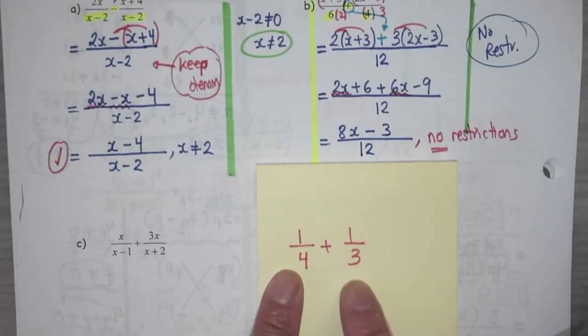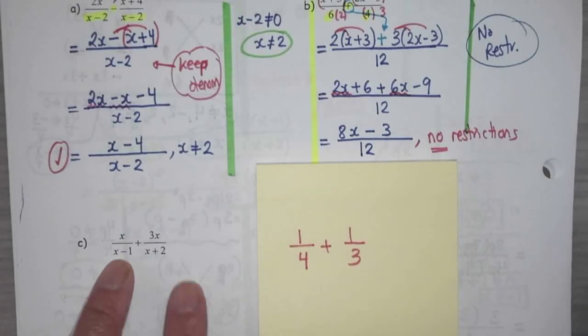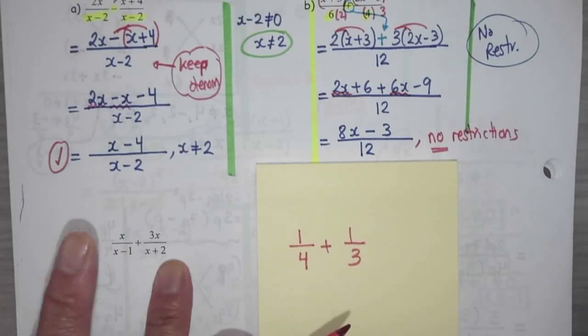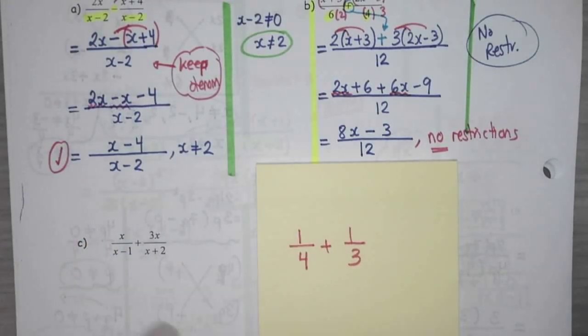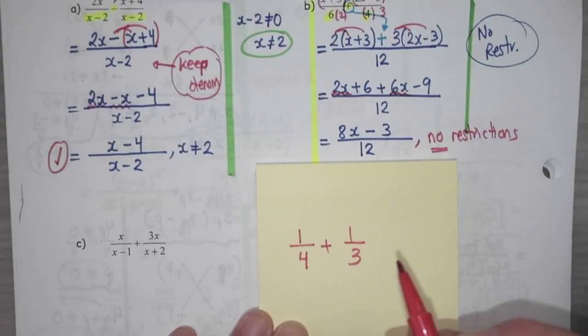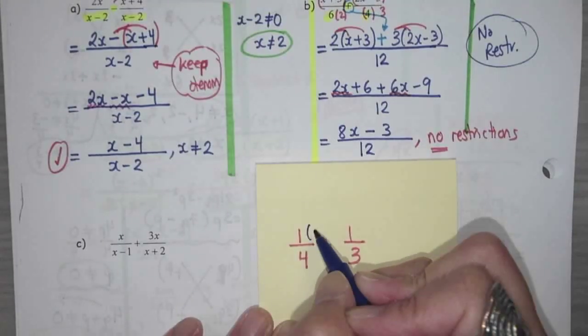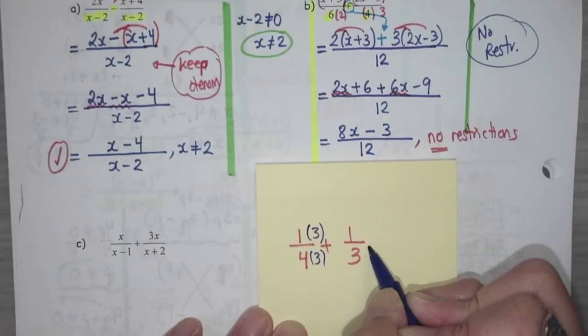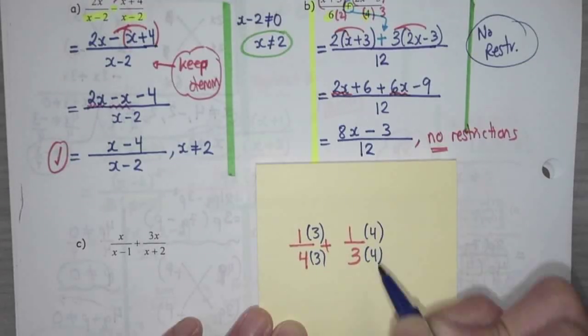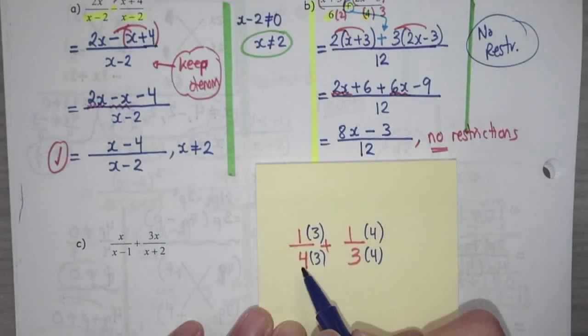There's nothing that's common about them. One's a 4, one's a 3, just like here. X minus 1, x plus 2. Totally different factors. So if you had something like this, I would say that the lowest common denominator would be 12. So then this would be multiplied by 3, and this one's by 4. Right? So you're multiplying, this one's 4, 3, 4, 3, 4, then they're the same.